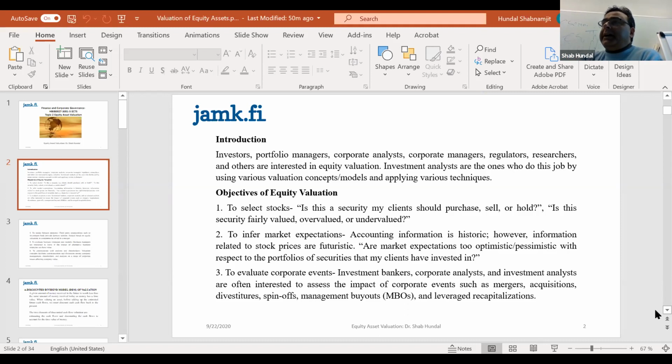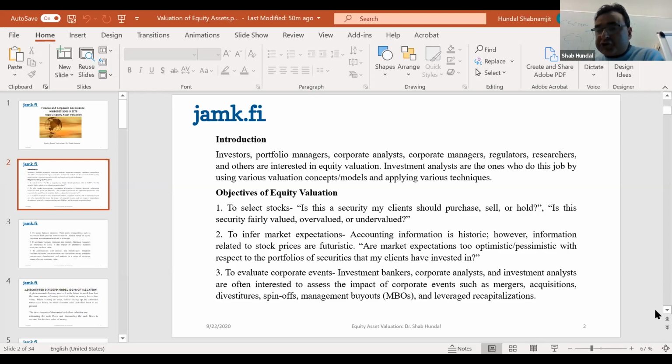So there are all kinds of mixed reactions. And as a corporate finance manager, it's very important for you to know how the market would react. This is not a prophecy. You can only make some kind of educated guess of how you think people and institutions would react to this change.